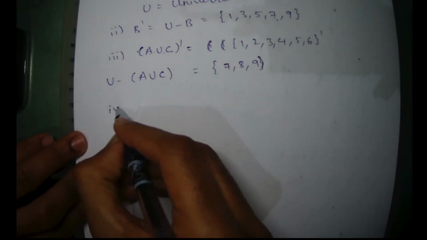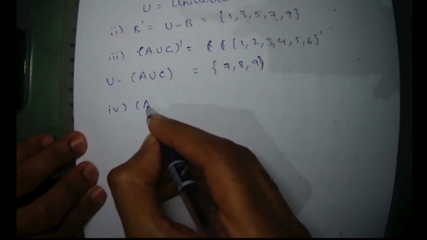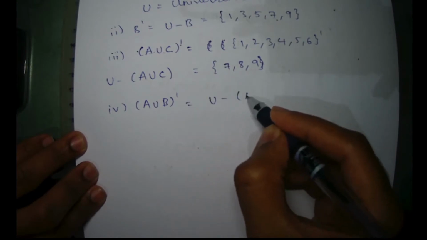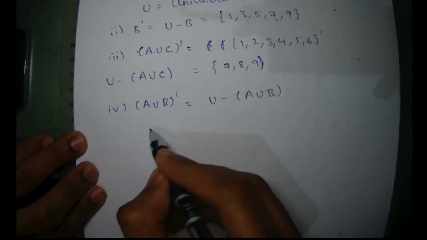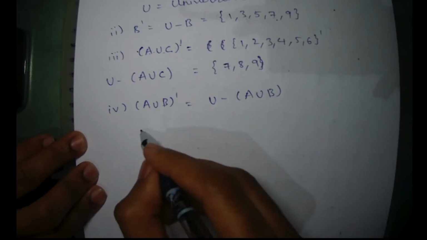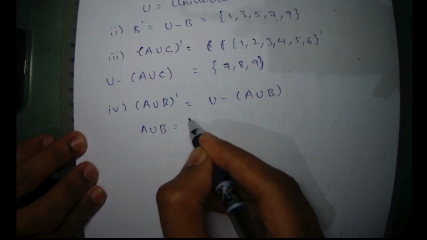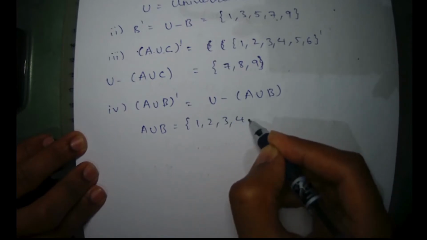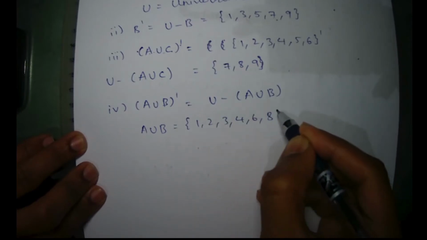So fourth question, we have A union B dash is equal to U minus A union B. So first we have to find A union B. So A union B will be equal to 1, 2, 3, 4, 6 and 8.